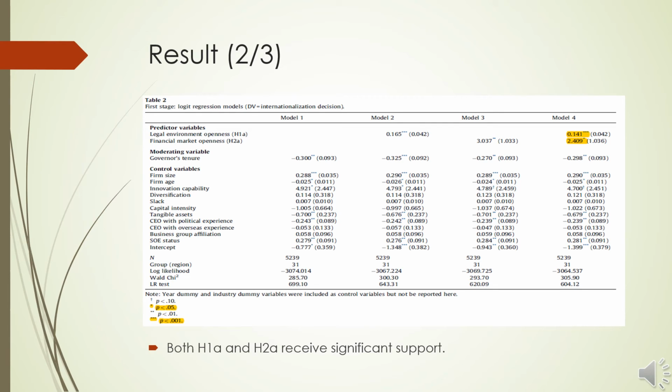So, in environmental openness, we can see that beta is 0.141 and the p-value is less than 0.001. Whereas in the financial market openness, beta is 2.409 and the p-value is less than 0.05. Therefore, we can say that both hypothesis 1A and hypothesis 2A receive significant support.